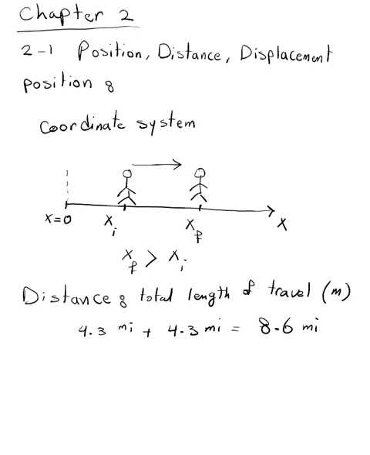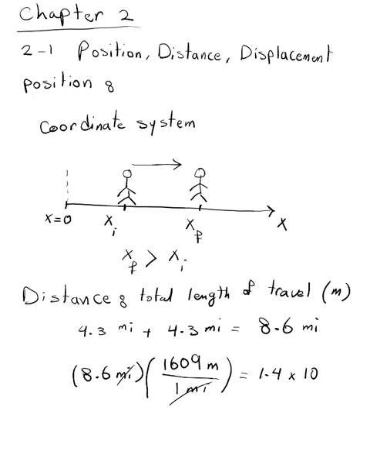So if I want to convert 8.6 miles to meters, then I just need to multiply it by, remember the conversion factor? So 1609 meters per 1 mile, and I hope that you have got time to go over that supplementary video that gives you some practice on the conversion of the units. So it's going to be 1.4 times 10 to the power of 4 meters.